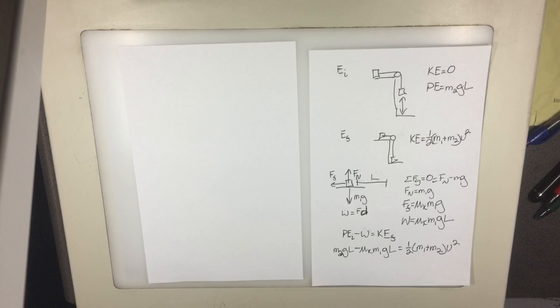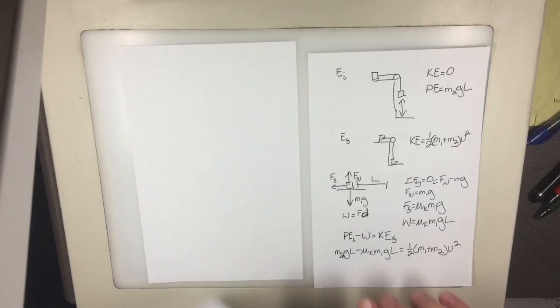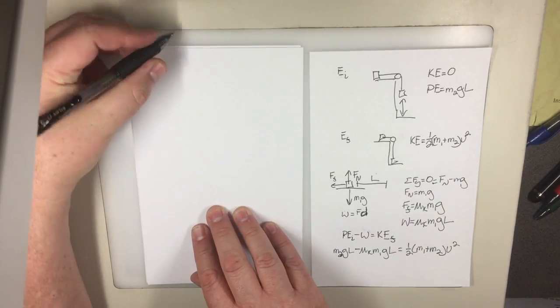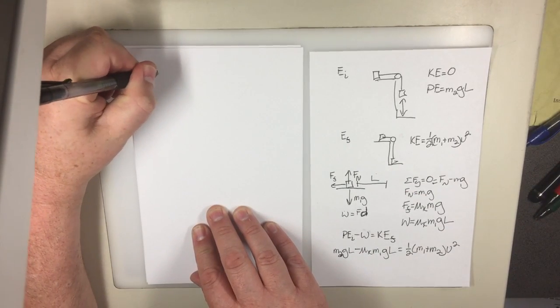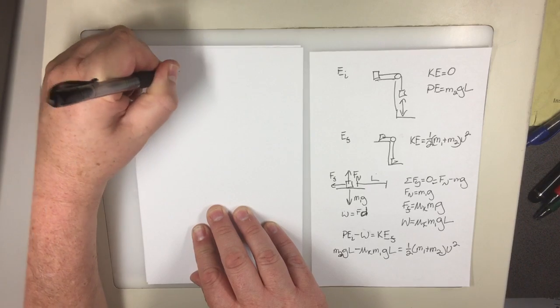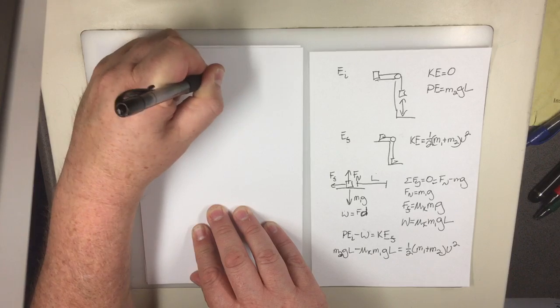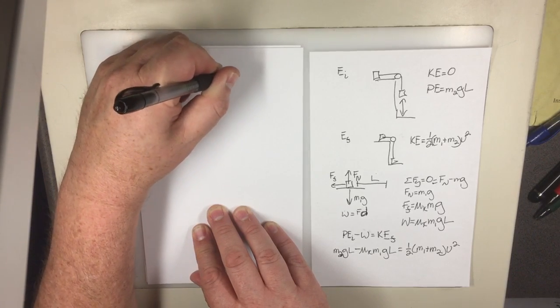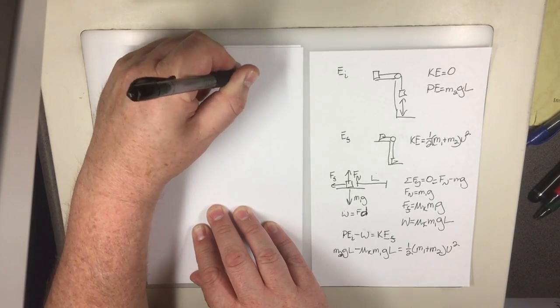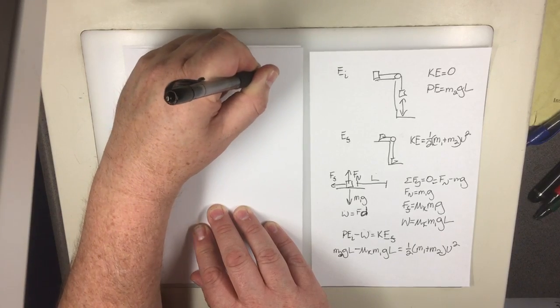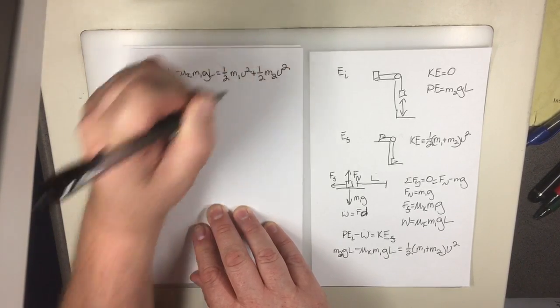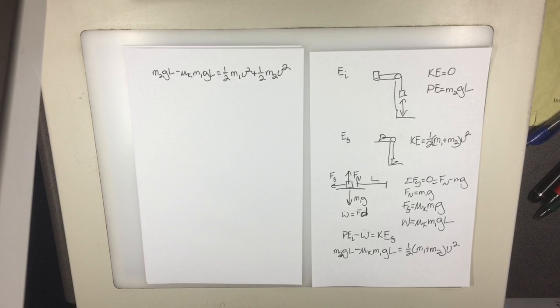First thing I have to do is distribute this. I'm left with M2gL minus mu sub k M1gL is equal to 1/2 M1 V squared plus 1/2 M2 V squared. I don't differentiate the V's because the V's are the same.